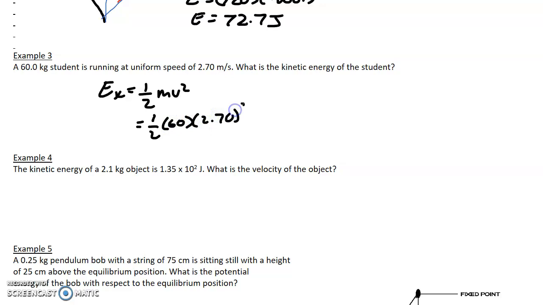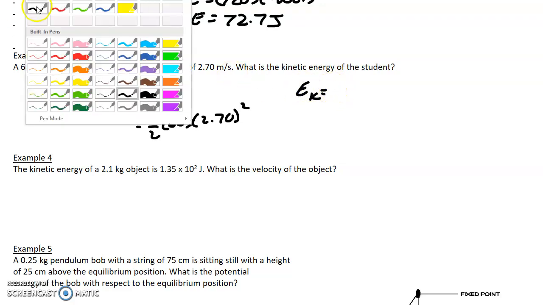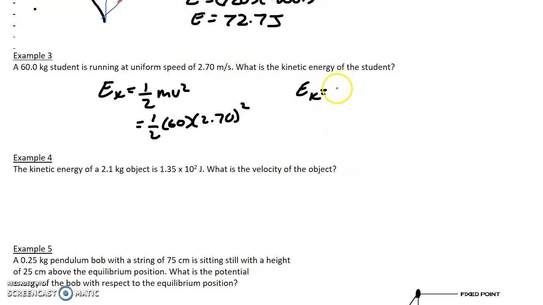And so we're going to use the 1/2 mv squared, and you're going to find here that the kinetic energy is 219 joules. That's just plug and chug: 1/2 times 60 times 2.7. Make sure you've got the squared.